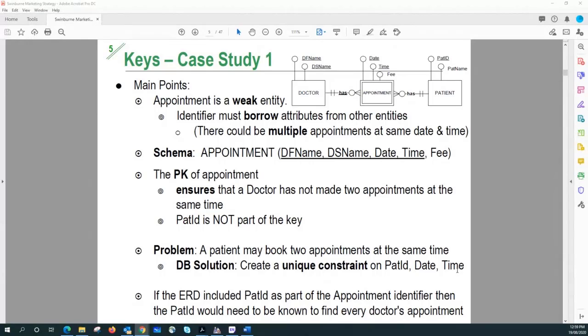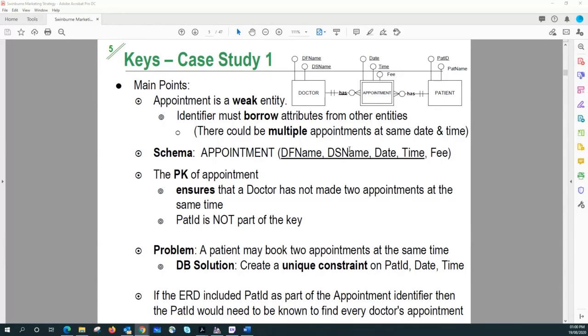The main reason why we create ERDs is to show the business rules, how we're going to implement them in the database, right? There are certain business rules we can show in ERDs, but there are certain business rules we can't show in the ERDs. We can actually show them by implementing, right?